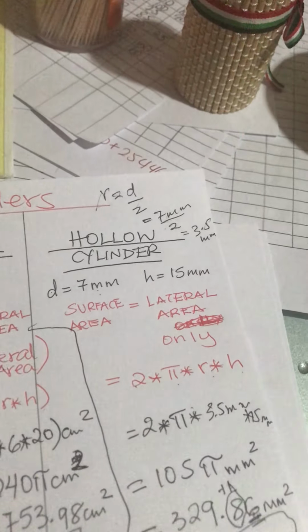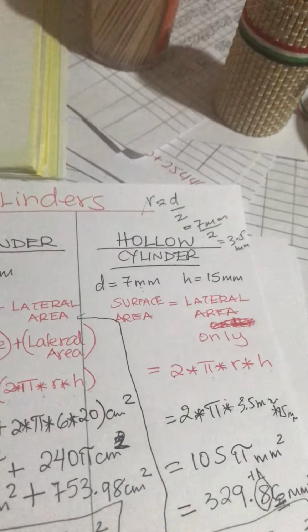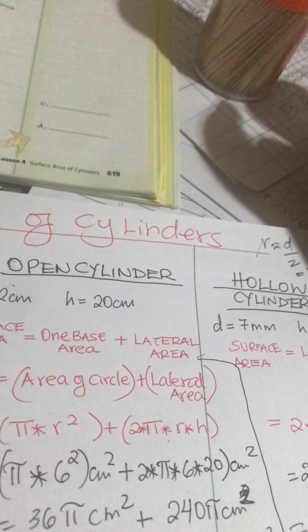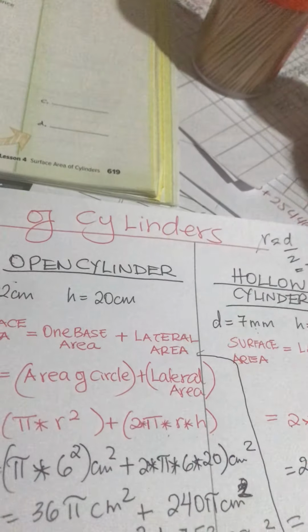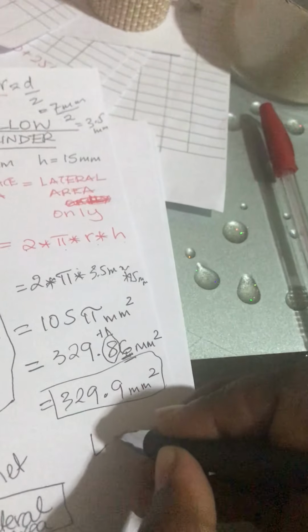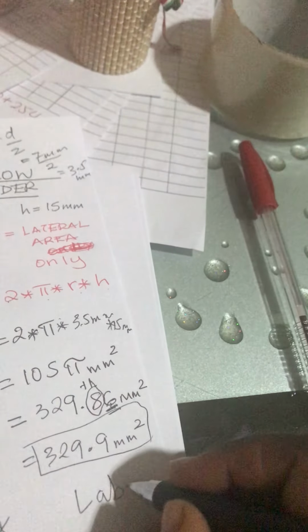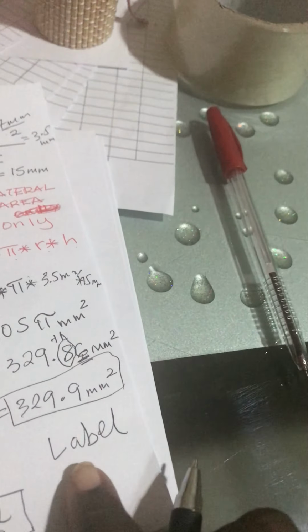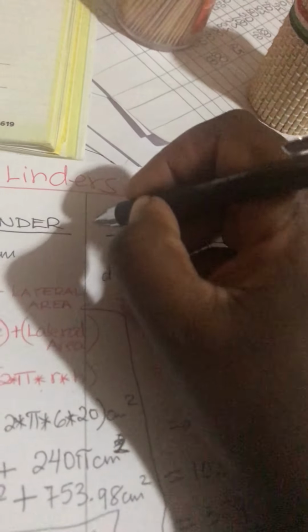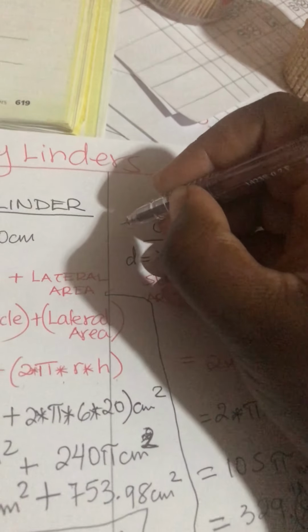You must be thinking. As you're reading, you think. Now, when the question says, I want to put a label, the label only goes on the lateral area. So when you see the word label, as you read, label, think of lateral area. Hollow cylinder means lateral area.